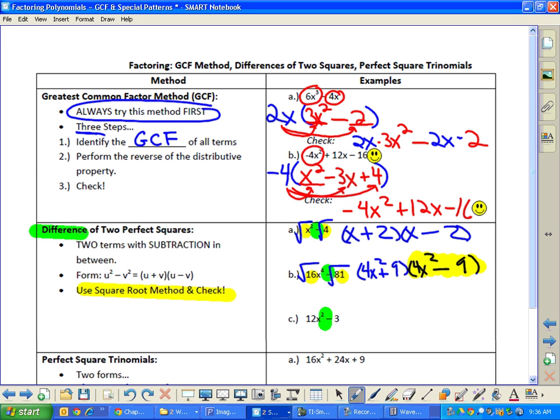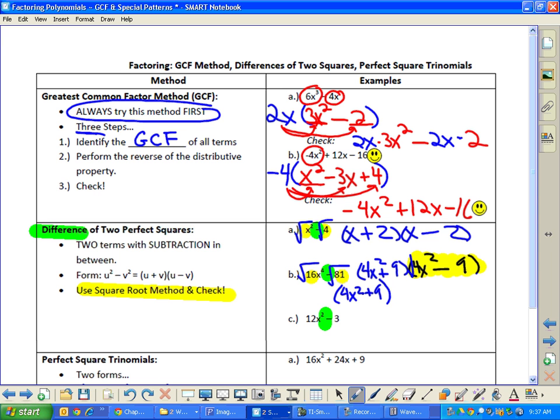4x squared plus 9, that's a sum of two perfect squares. We can't factor that. I'll tell you why in a little bit. Actually, a lot of it. We'll talk about when we go to graph parabolas at the end. So 4x squared plus 9, that's a sum of two squares. It's never going to factor. So we bring that down. I'm showing you how to factor now a difference of two perfect squares.